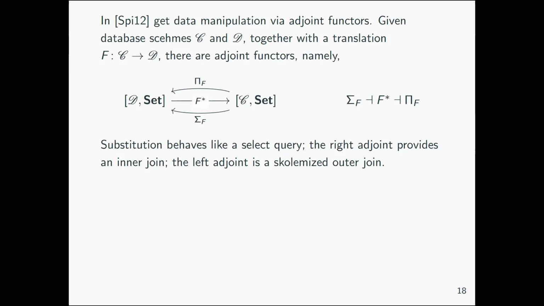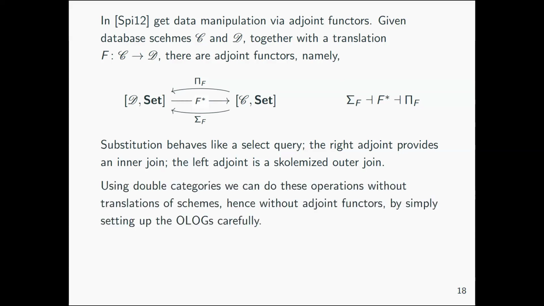So the substitution functors are like a select, and the right and left adjoints are various joined tables. From an implementation perspective, as far as I understand it, this setup is again computationally expensive. The thing with double categories is that all of these operations of querying and manipulating can be done just by working in the double category and then just trusting that the instancing functor does what it's supposed to do.